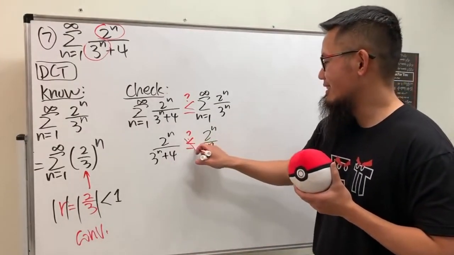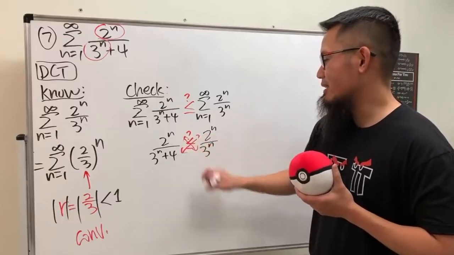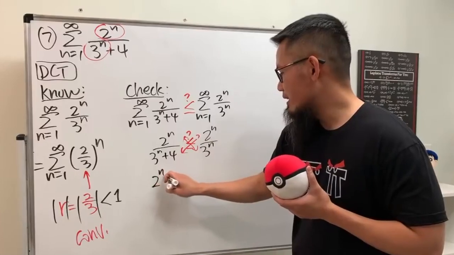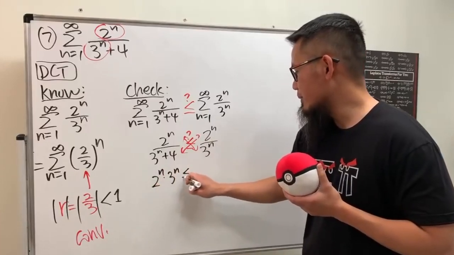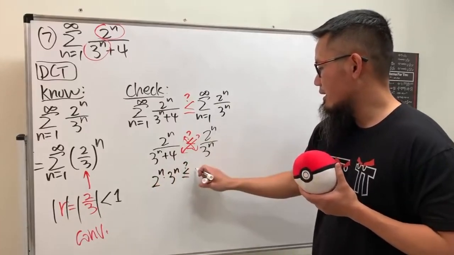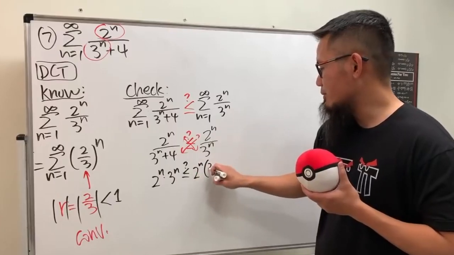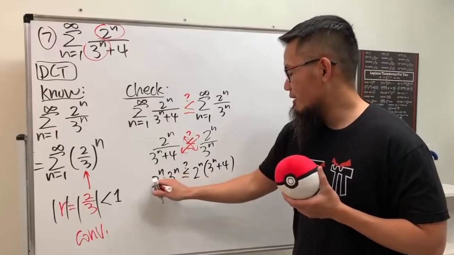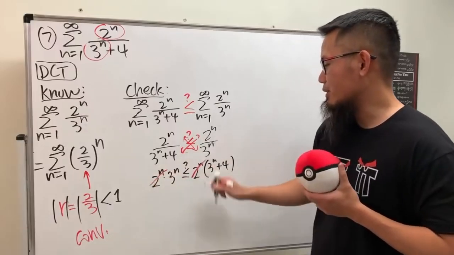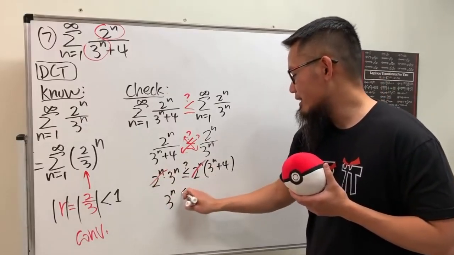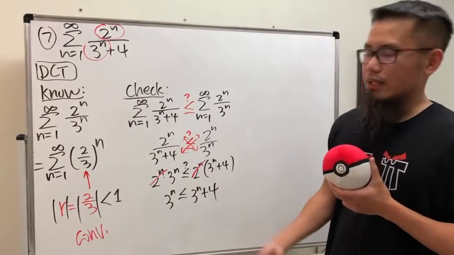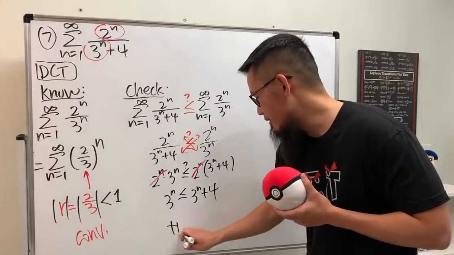Anyway, multiply, just do the usual thing if you like. So this is 2 to the n times 3 to the n, is this less than or equal to 2 to the n times 3 to the n plus 4? This and that are never 0, so you can just cancel. 3 to the n less than or equal to 3 to the n plus 4. Is this true? I think right now it should be clear. This is definitely true.